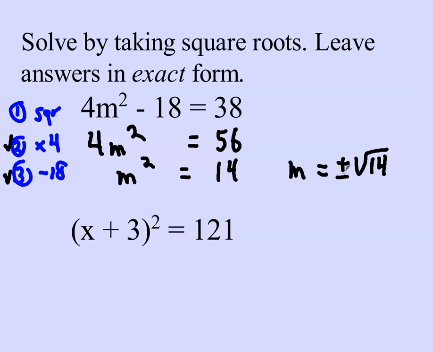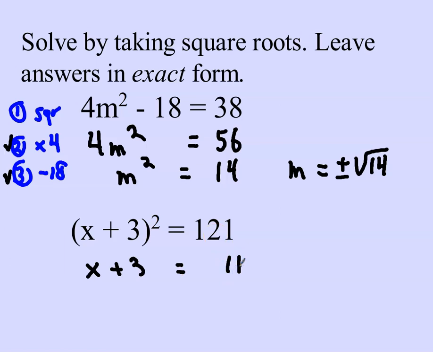Okay. So with this one, the first thing that happened was you added 3. The next thing that happened was you squared, because you do the parentheses first. So we'll undo squaring by square rooting. So if I just square root the left side, I get x plus 3. I don't need the parentheses anymore because it's not being squared anymore. Okay. And when I square root the right side, the square root of 121 is 11.